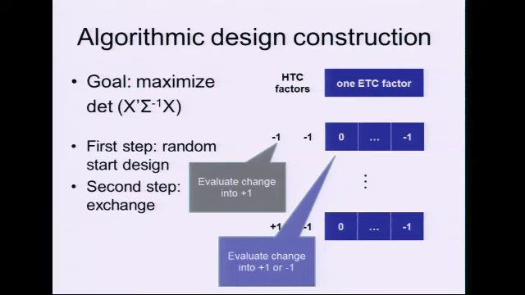So step by step this criterion is improved, and the algorithm cycles around over all the runs several times until no improvement is possible, and there you arrive at your final design given this initial configuration. It could be sensitive to the start design, so it's usual to start several times afresh and then to keep the best design.